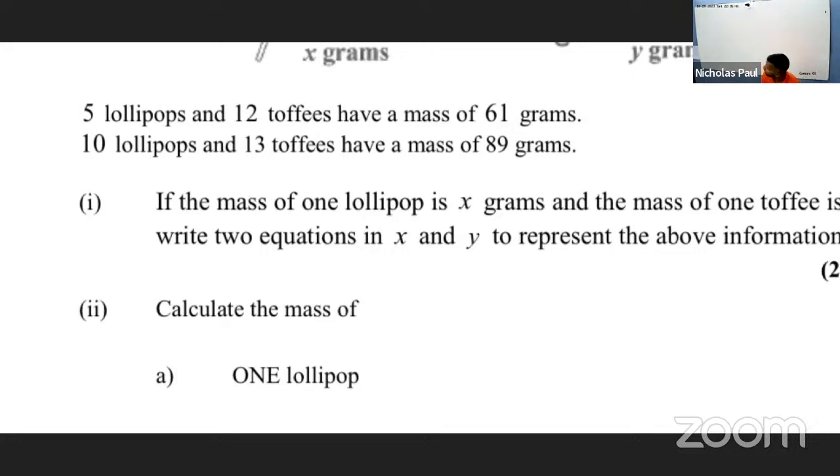Right, so the problem: lollipops is what, x or y? X, and toppings is what? Y. Okay, good. So read the information on top here, the part about the lollipops, and see if you can create an equation. Two equations, sorry. Remember, lollipops is x and toppings is y.